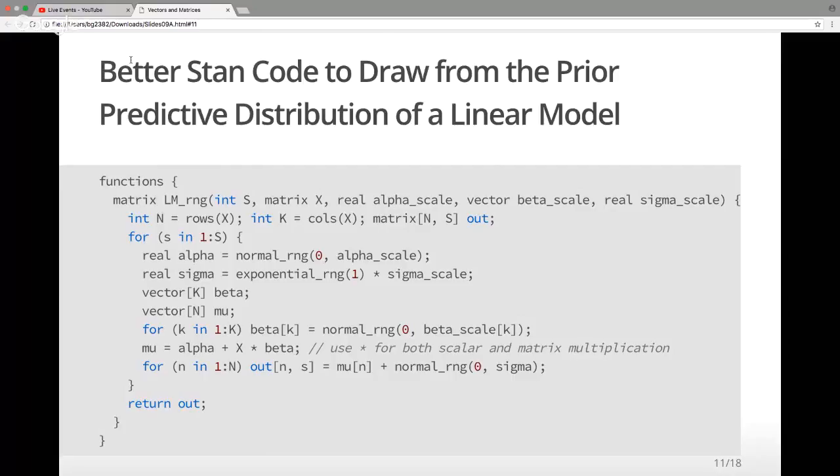You can write yourself a function like this in the Stan language, expose it to R, call it, play around with different values of alpha scale, different values of beta scale, different values of sigma scale, different predictors in the matrix X, until you get predictions of the outcome Y that look somewhat reasonable, and then you might pre-register those or a sequence of those, things like that.